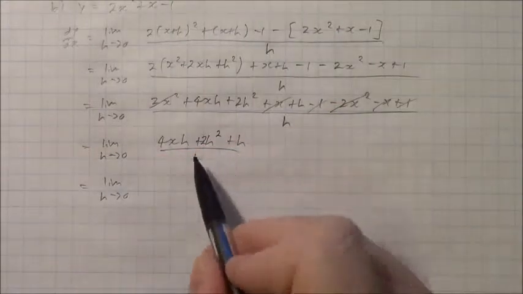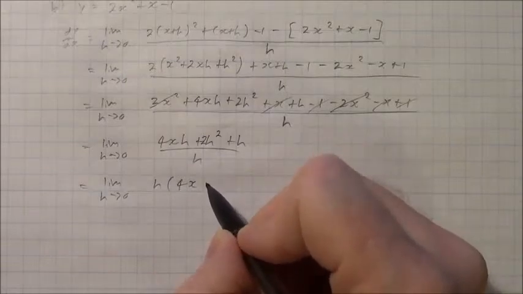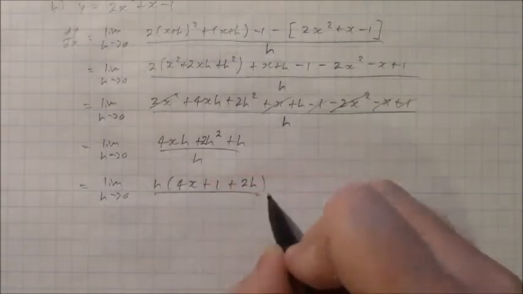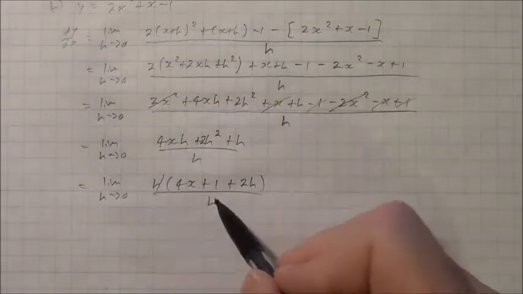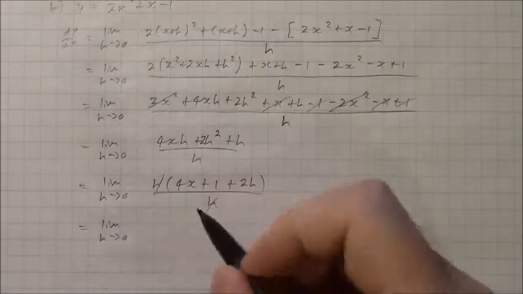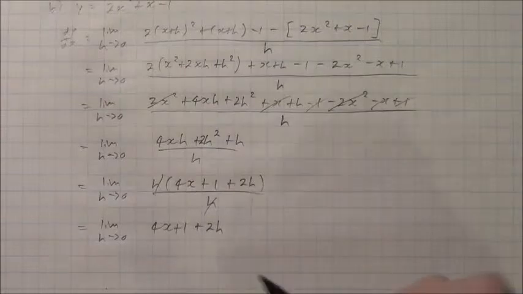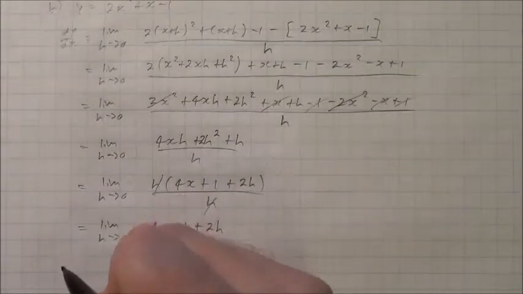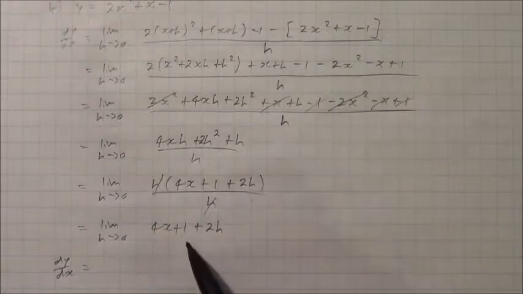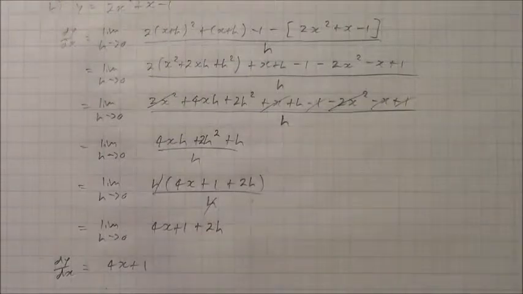And then factor out an h. We're left with 4x plus 1 plus 2h all over h. These two h's will cancel. We're left with now the limit of 4x plus 1 plus 2h as h approaches 0. We substitute the 0 into the formula, and we get dy by dx equals 4x plus 1.